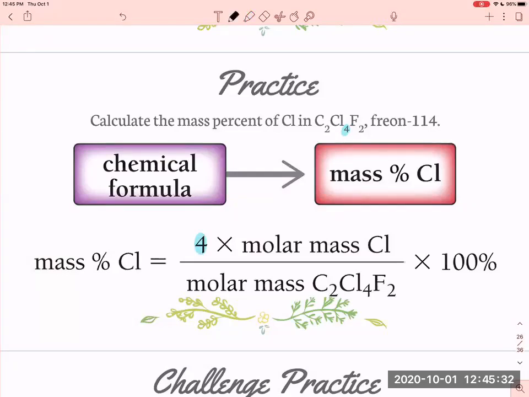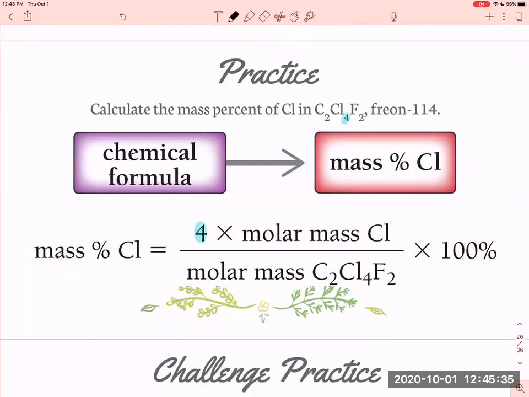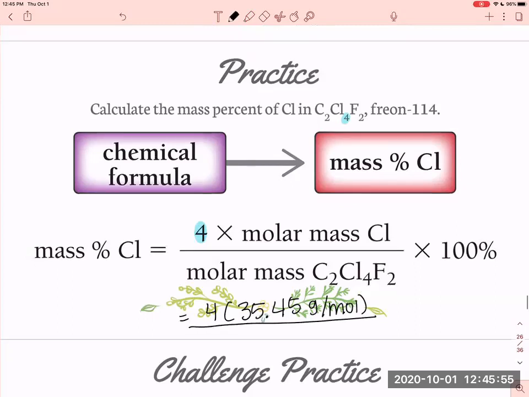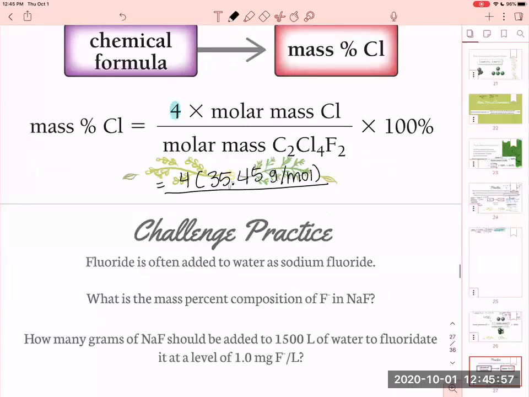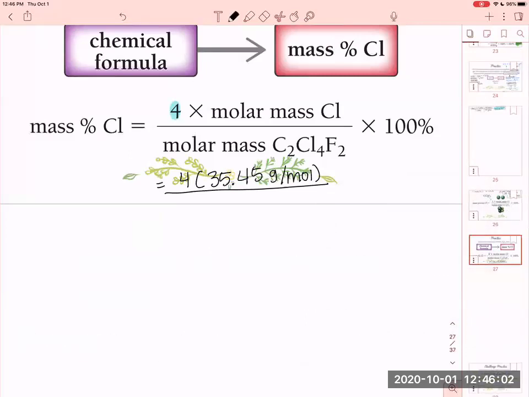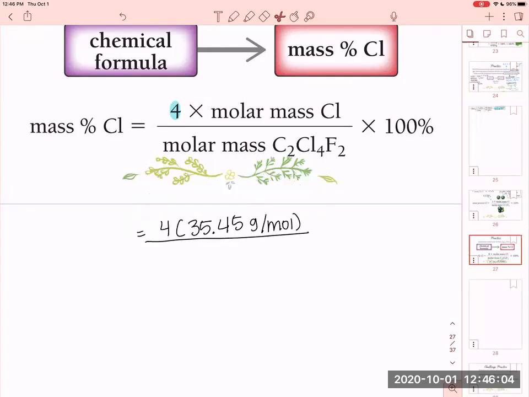So just so if you're looking to check your work, we're going to do 4 times 35.45. That is the molar mass of chlorine. My grams are going to cancel, so it doesn't really matter what my units are, they're going to cancel. Let me just grab another page here.